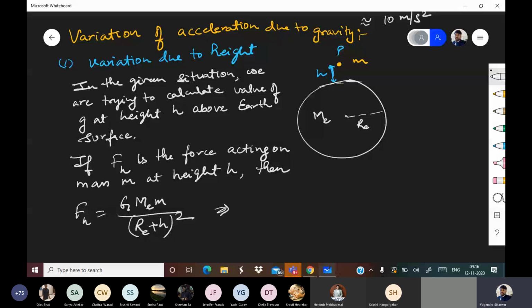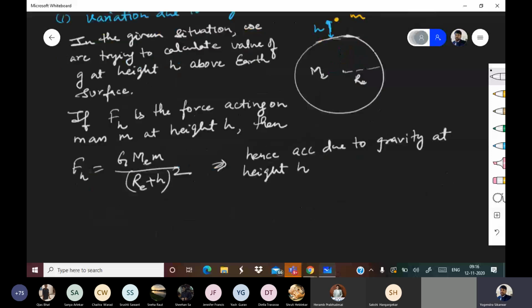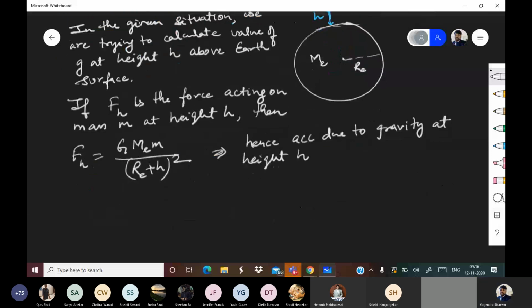Now this Fh will help us in getting gh. Hence acceleration due to gravity at height h.